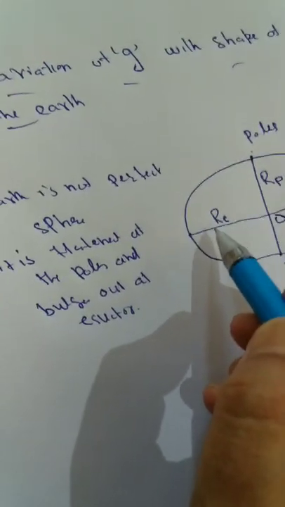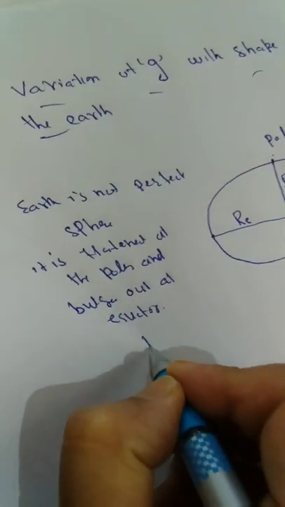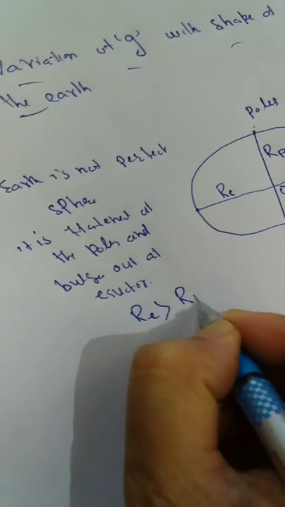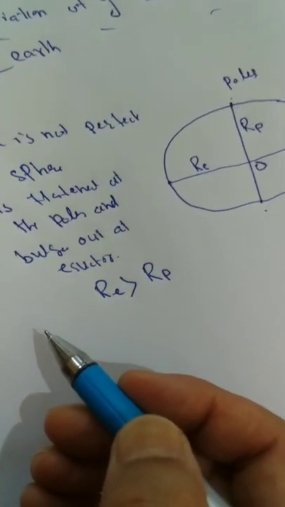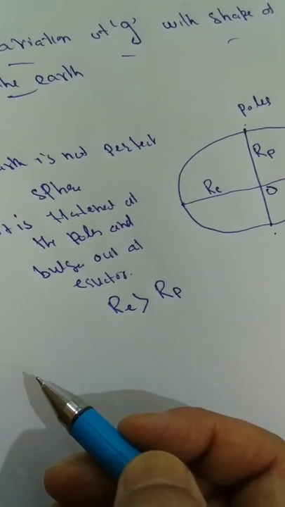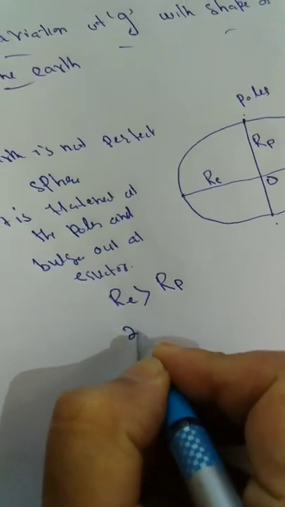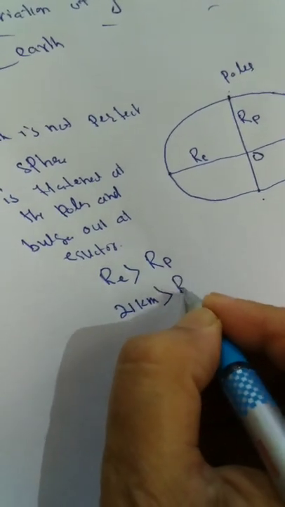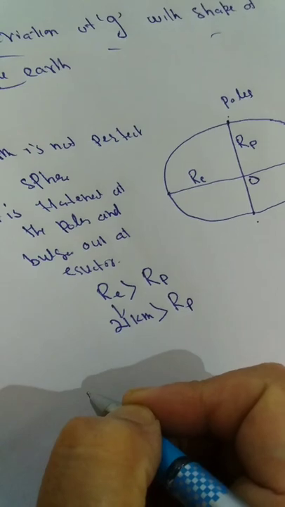It has been found that the equator radius is almost 21 kilometers greater than the polar radius.